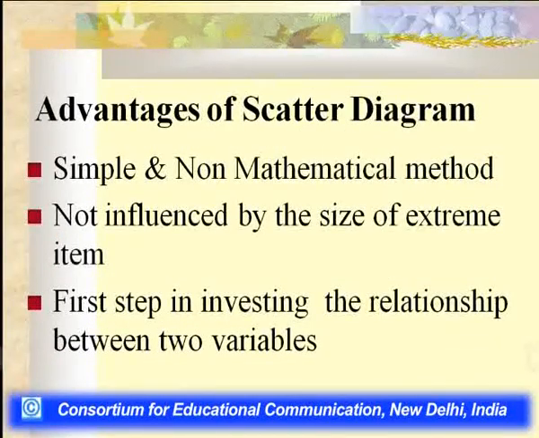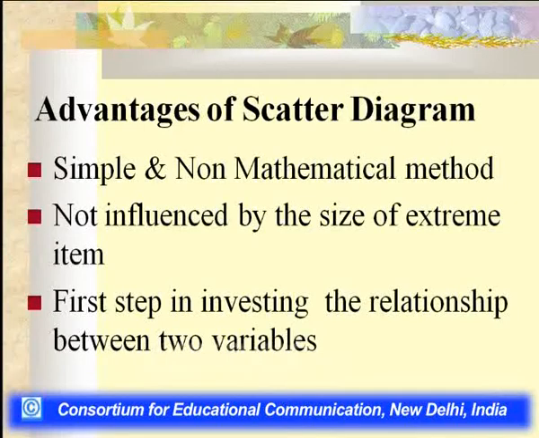Now, we are discussing in detail the advantages of a scatter diagram, which is one of the best measures, a very simple method of judging the coefficient of correlation just by watching the graphs and their directions. So what are the advantages of a scatter diagram? Number one, it is non-mathematical.